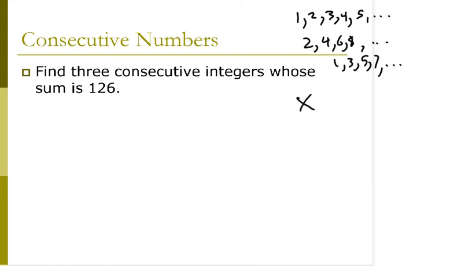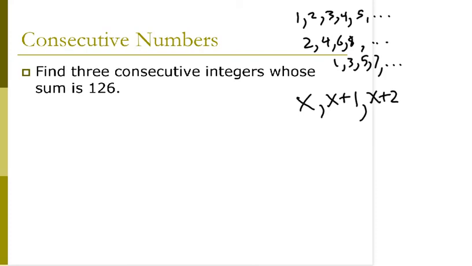So 1 plus 1 is 2, and to get the next one after that, we would add another 1, so 1 plus 2 is 3. Those would be our consecutive integers, and their sum would have to be 126.